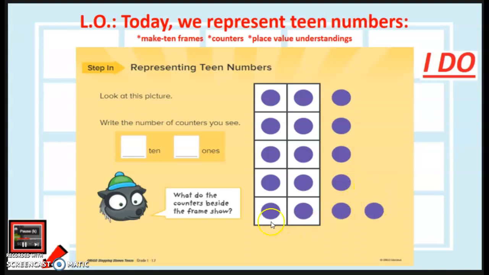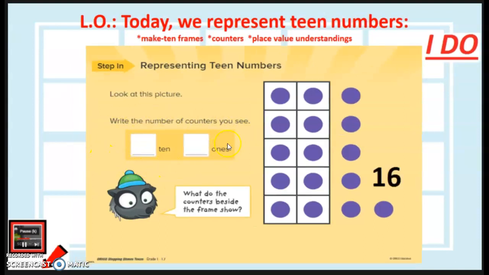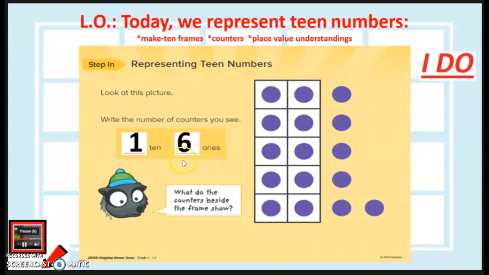So I could write the number of counters I see here, but where would I put each number? Think about that and write it in your journal. That's right. I would write the numeral 1 in the tens column, and the numeral 6 in the ones. 16, 1 ten, 6 ones.